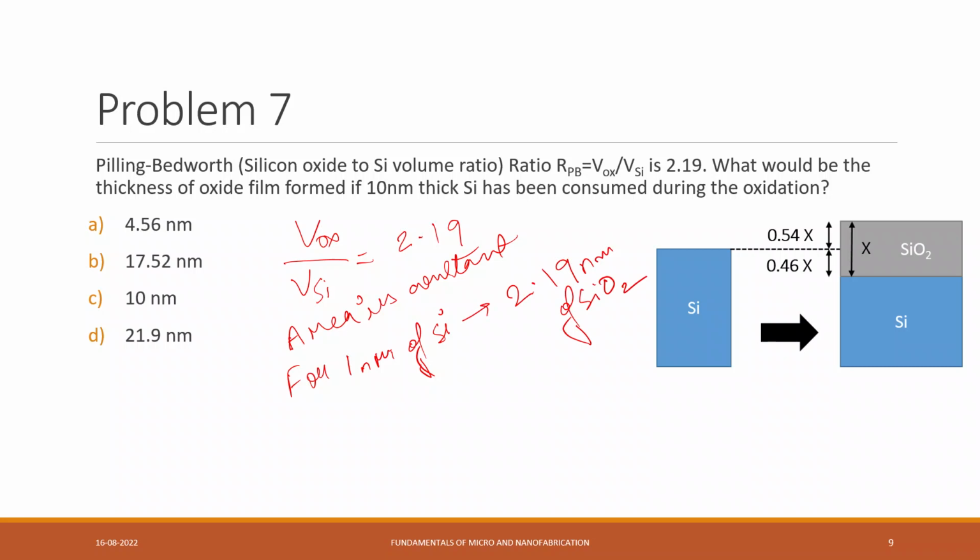Only the length scales we are comparing. It's a unitary thing: for 1 nanometer of silicon, it's 2.19 nanometer of silicon oxide. So for 10 nanometer of silicon, we get 21.9 nanometer of silicon oxide. This is the correct one. Understood?